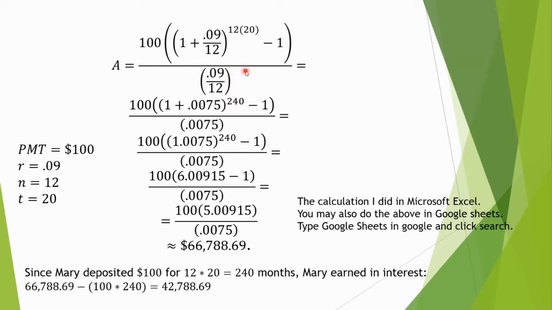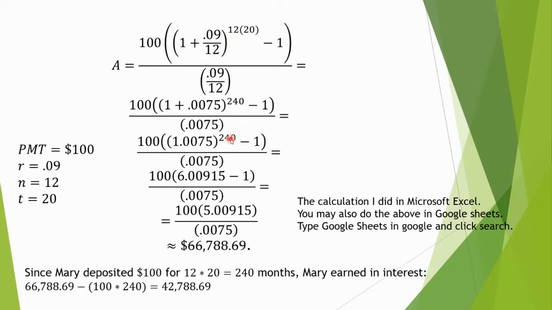You have to remember your order of operations. In the parentheses, we have 1 plus 0.09 over 12. I would do that first, and whatever you get, raise that to the exponent. The exponent you calculate is 240. Like so.